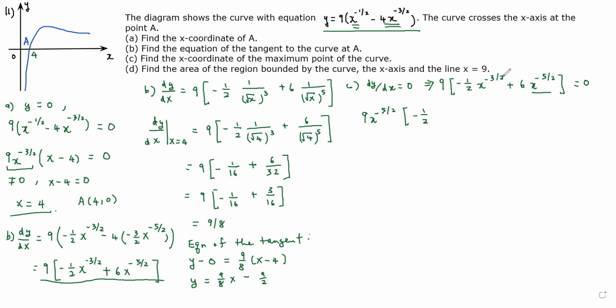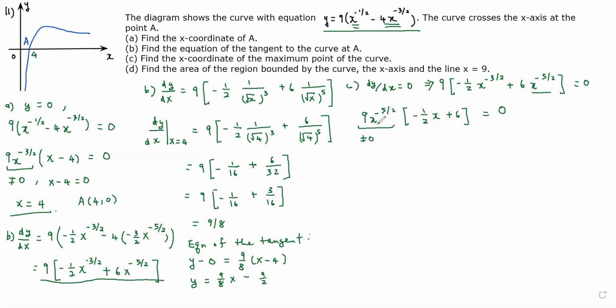This is a negative exponent. When you factor out a negative 5 over 2, you add 5 over 2 to negative 3 over 2, and that is just x to the 1. And then plus 6, this is 0. This part can never be 0 because of the negative exponent.